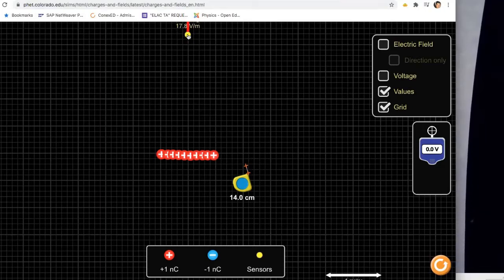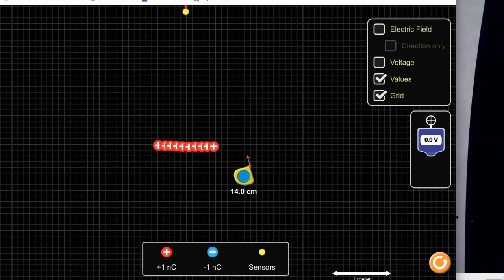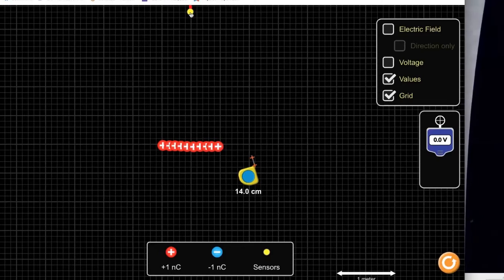Let's say 2.2, 17.8, 2.3. Let's see if I think it's bigger. No, it disappeared. Okay, it disappeared. I would have to lower this. Let's see if I go.